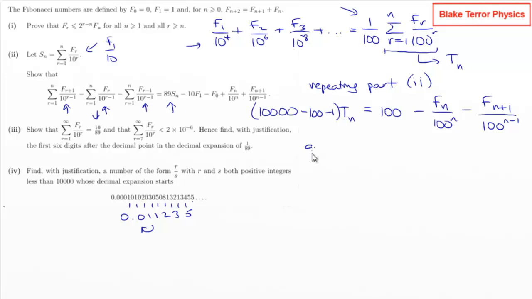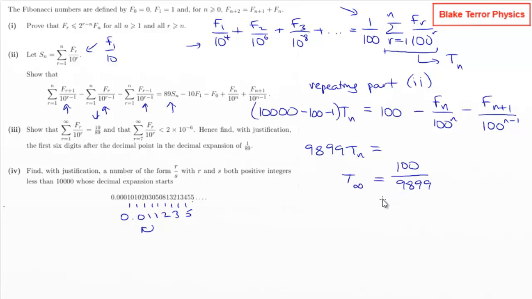So that is going to be 9899 Tn is equal to all of that. Okay, that's done part 2 again. Part 3 again is giving us T infinity. So T infinity will be 100 over 9899. Okay.